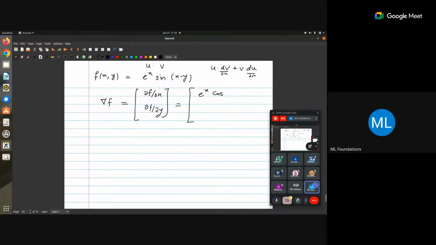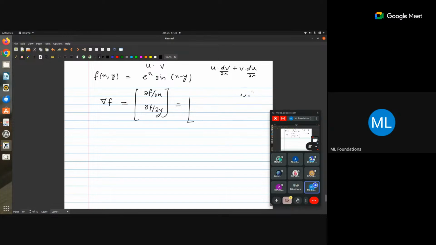Here, if I treat e to the power x as constant, then the derivative of sine of x minus y is cos of x minus y, and differentiating x minus y with respect to x gives 1. Plus v du.